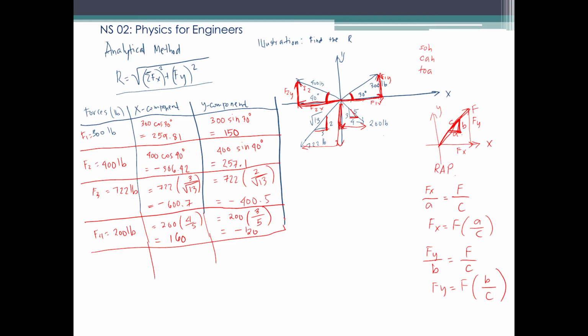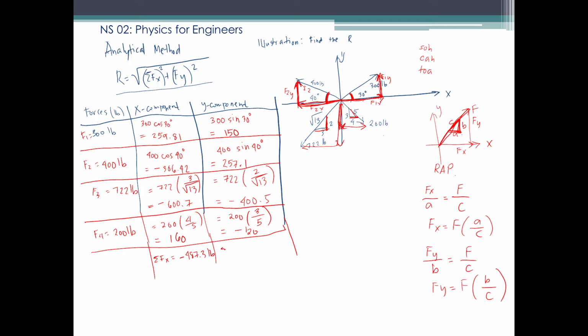Okay, so we have now all the x components of the force and the y components of the force. So, what we're going to do is to sum up, get the algebraic sum. So, we will consider the signs. Is it positive 26 plus negative 600.7 plus positive 160. So, we get the summation of Fx, or the summation of the x components of the force, which is negative, kindly calculate, 487.3 pounds.